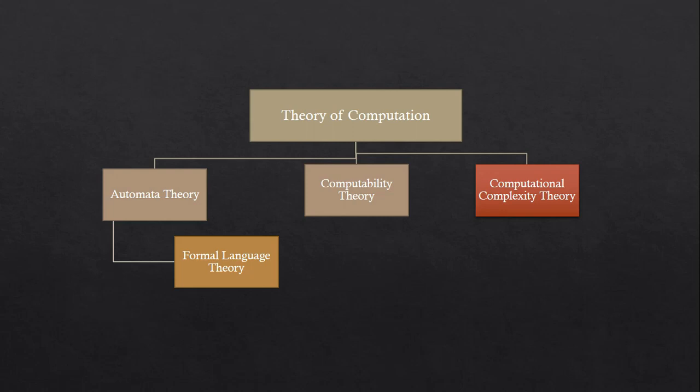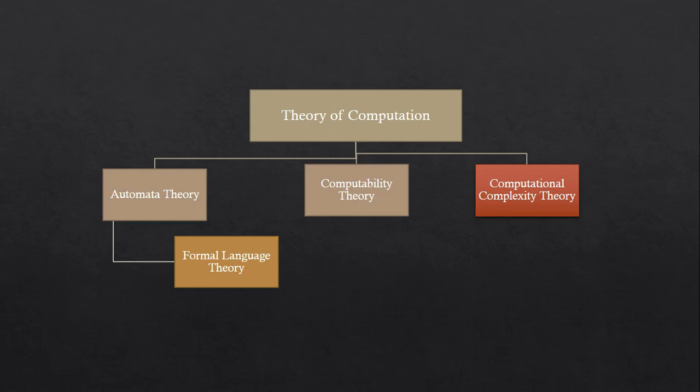The theory of computation can loosely be divided into three major components. At first, we have automata theory, which is the study of conceptual machines, the machines that can imitate the thinking process of humans and can solve logical problems or computational problems.